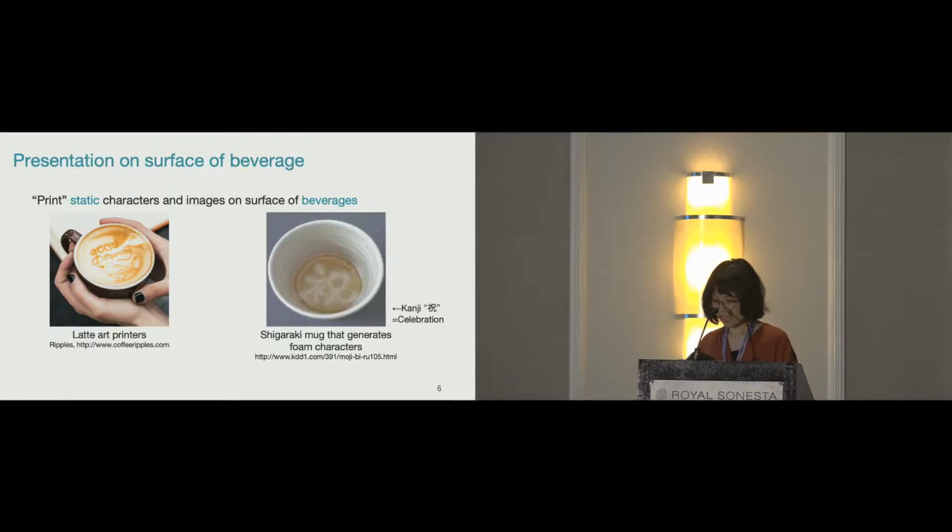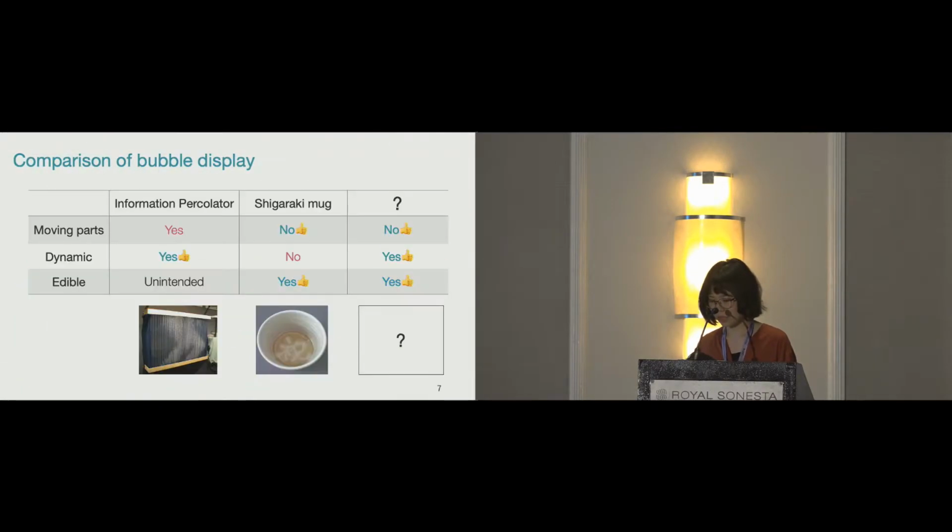There's also a Shigaraki beer cup that displays a character using bubbles. This is achieved by forming a rough surface on the bottom of the cup, according to a pattern of a character. However, these cannot provide dynamic information that changes every moment. This is a table summarizing the issues and features pointed out so far.